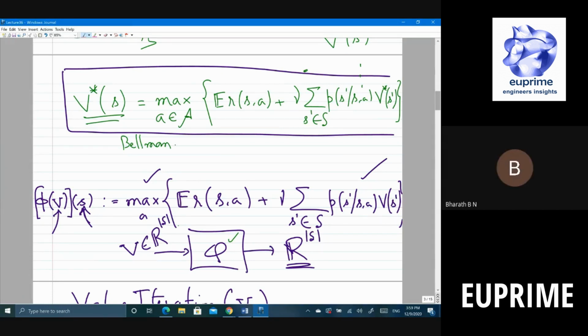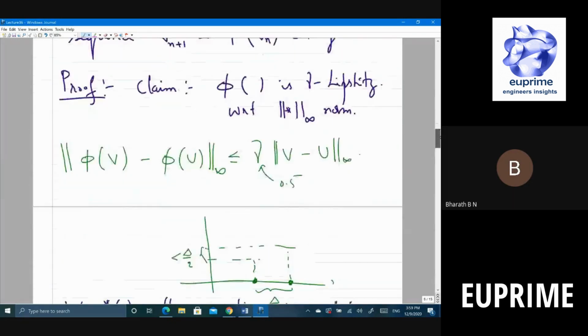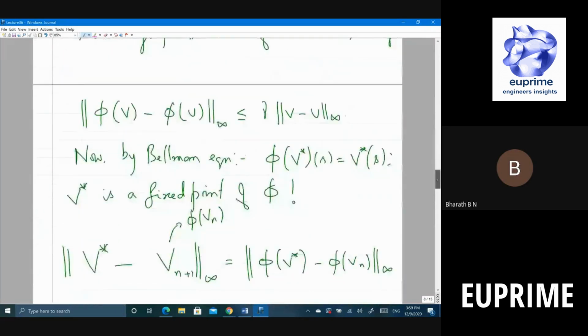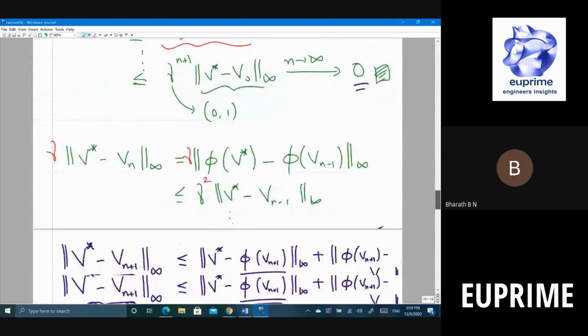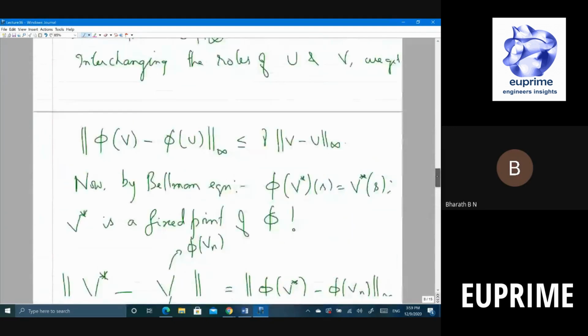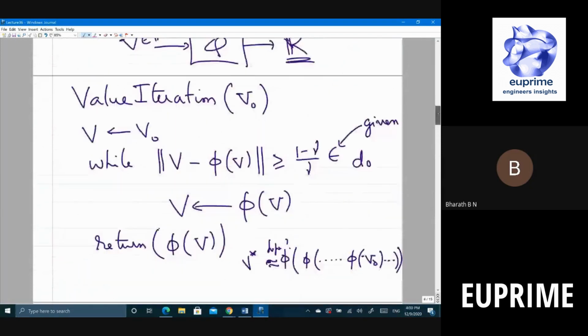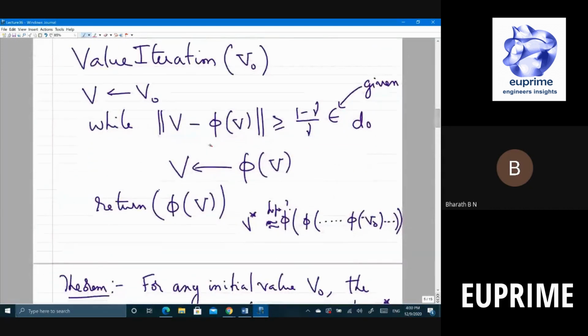True. When you have, for example, uncountable actions, you can still manage, in the sense that certain proofs don't work. Let's look at the algorithm. Value iteration: as long as you can compute this, I don't care.